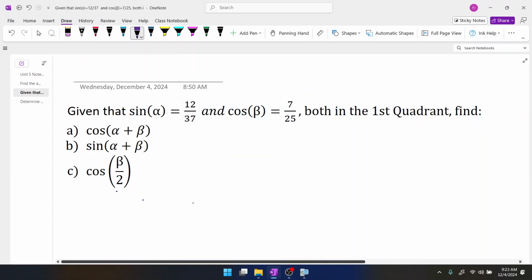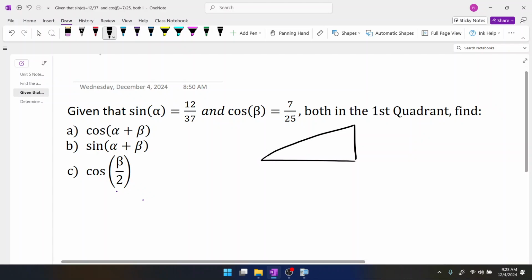Simple example here. So if sine of alpha is 12/37, cosine of beta is 7/25, and we're putting both of these into the first quadrant, we can simply draw a triangle here. And here's alpha. Sine of alpha is 12/37.